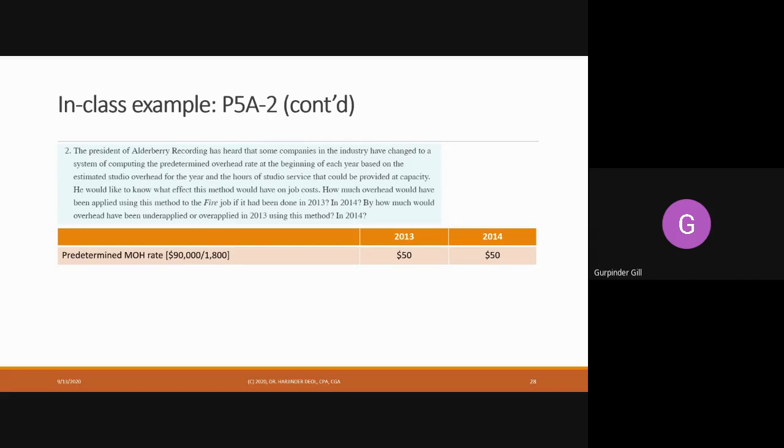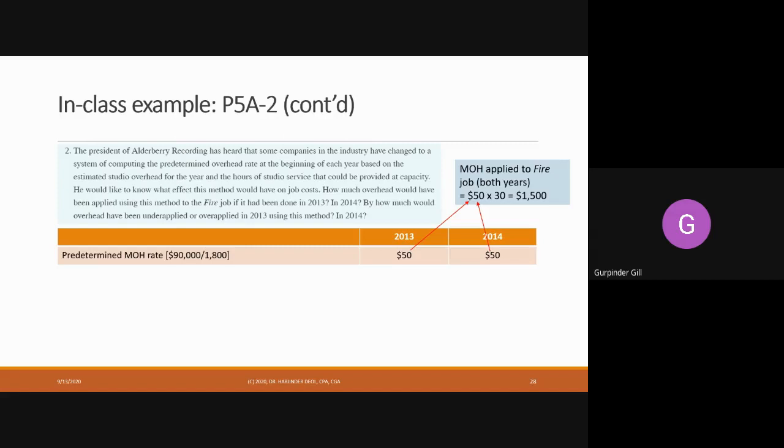So 90,000 divided by 1,800 hours gives us the predetermined rate of $50 in both of those years. Now, the fire job had 30 hours spent on it. Because your predetermined overhead rate is the same in both of those years, your fire job will have the total cost of $1,500 in both of these years. Neither is your cost changing nor is your hour changing.